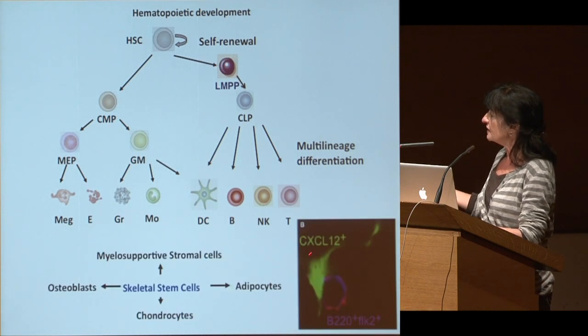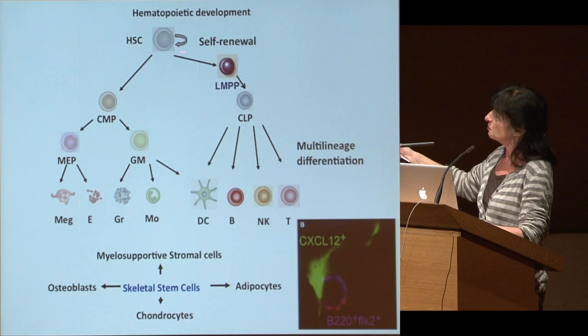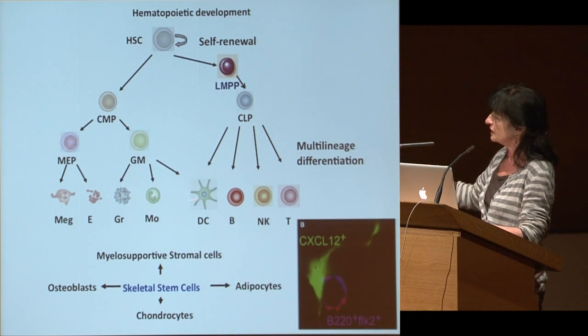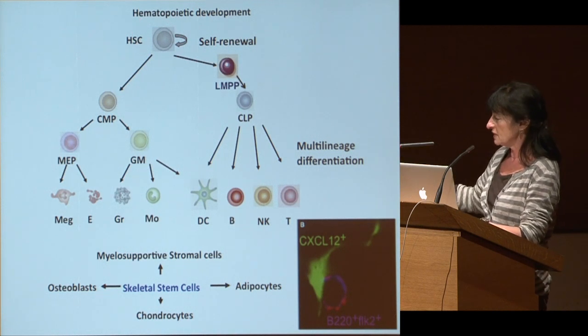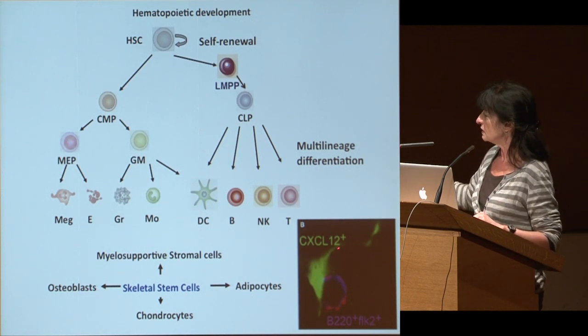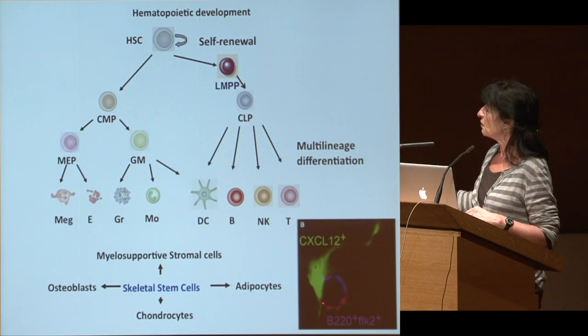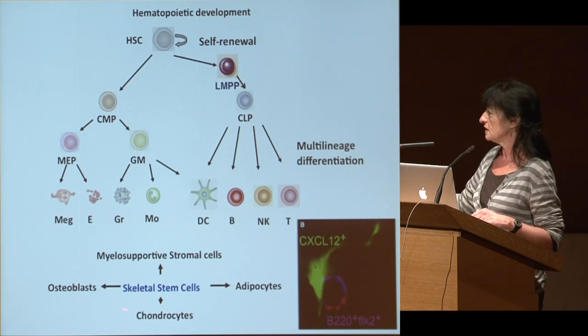And we think that the reason why this whole development occurs, and how this pool is maintained by probably asymmetric cell division and differentiates to give rise to the adult cell types, is basically because it interacts directly with another cell type, which is most probably derived from skeletal stem cells, which constitute the progenitors of osteoblasts, chondrocytes, and adipocytes.